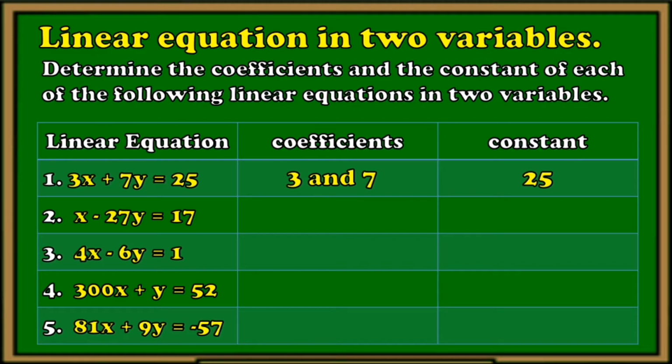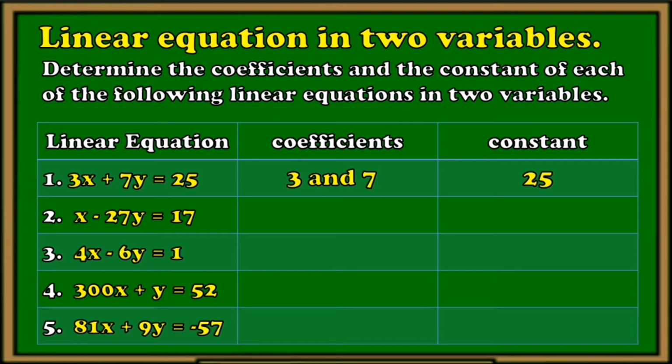For number 2, x minus 27y is equal to 17. If you don't see any numerical coefficient, meaning the numerical coefficient is 1.